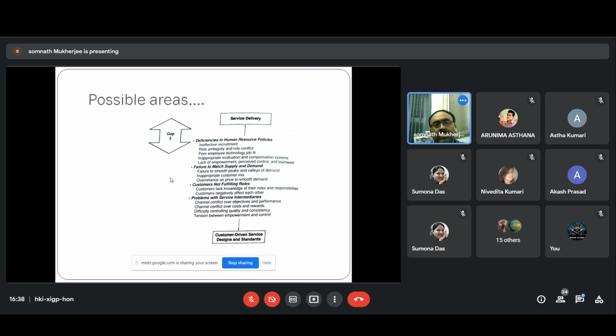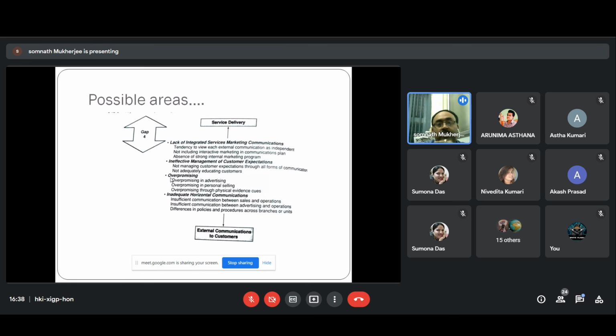Deficiencies, there are deficiencies in HR: ineffective recruitment, failure to match supply, customers not fulfilling roles, problem with service intermediaries. These are all your areas. These areas are suggesting that we have so many areas which we can take forward.